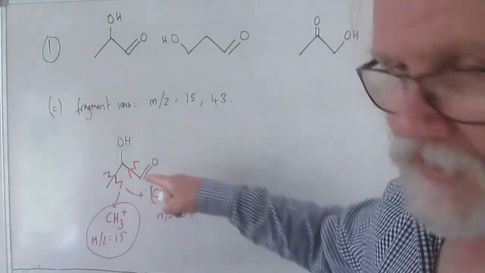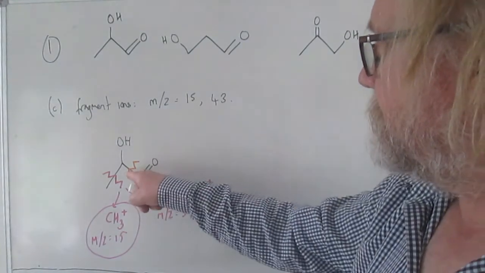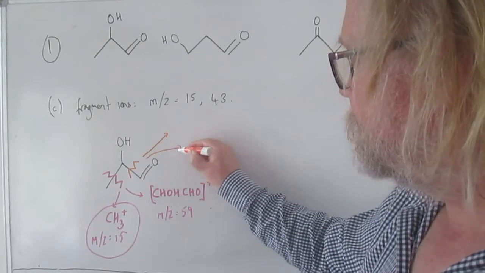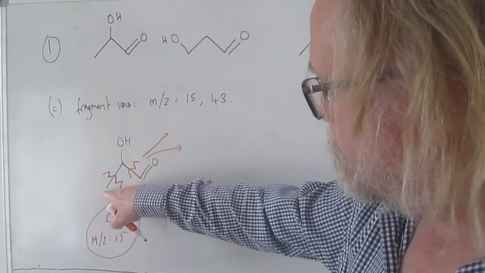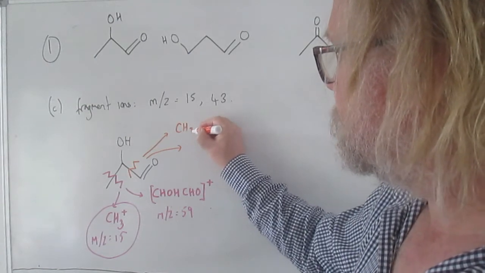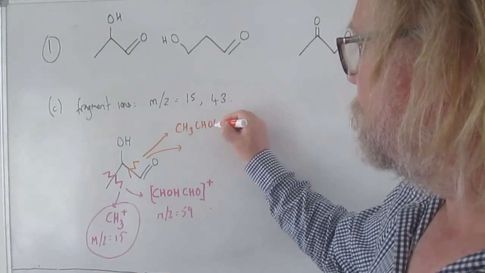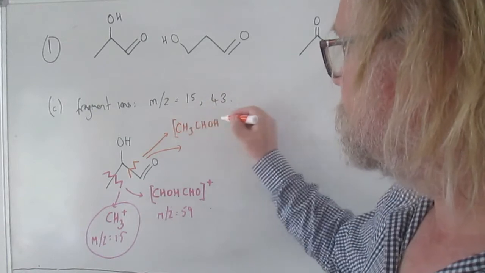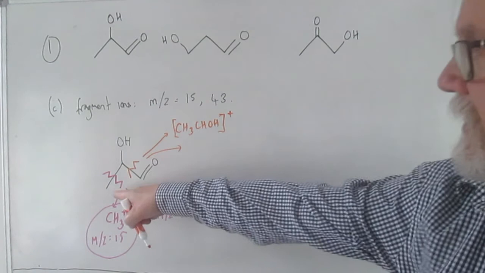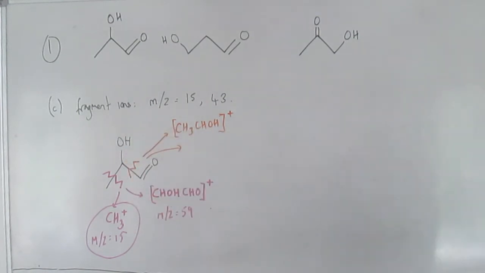This is what if it breaks there instead. So again, we can write down what the structures of the fragments you'd get would be. So here we'd have CH3, CHOH, and remember always in mass spec must be positive ions. So it's CH3, CHOH plus.